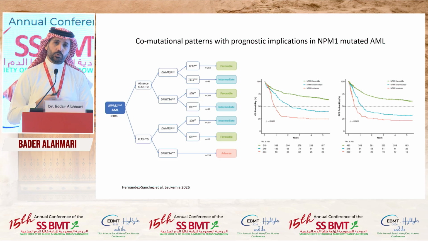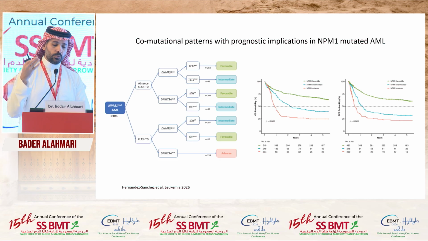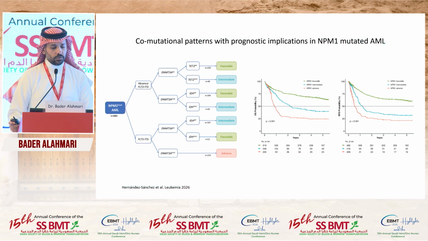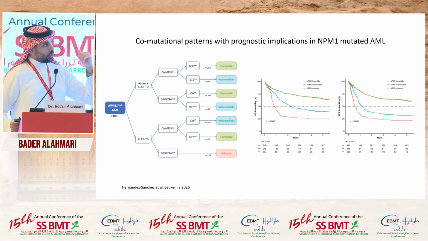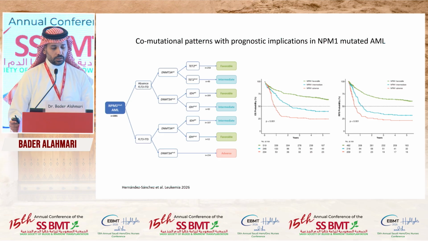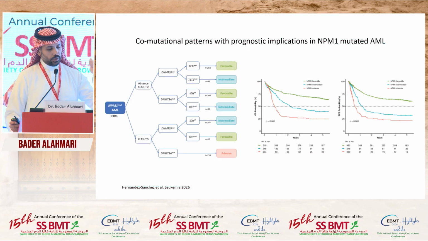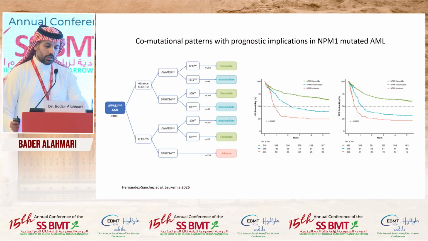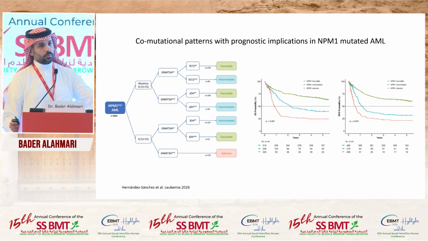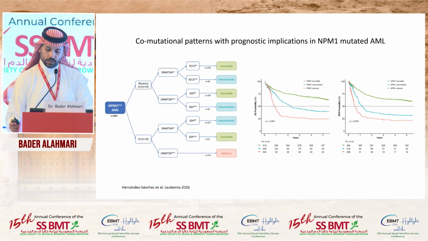They were able to generate a new risk stratification based on a very small number of co-mutations, classifying NPM1 mutated patients into favorable, intermediate, and adverse. For example, a patient with triple mutation, NPM1, FLT3-ITD, and DNMT3A, is considered adverse risk disease, and transplantation in first remission is probably justified in this scenario.